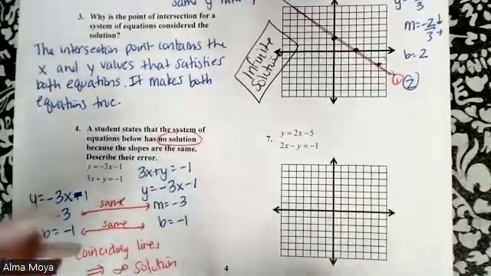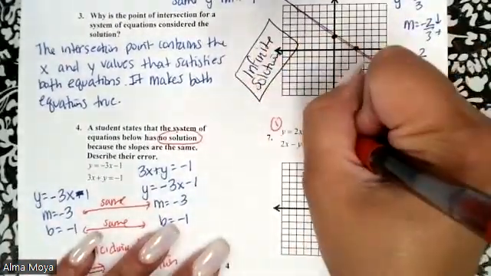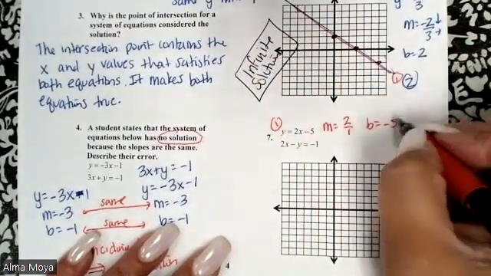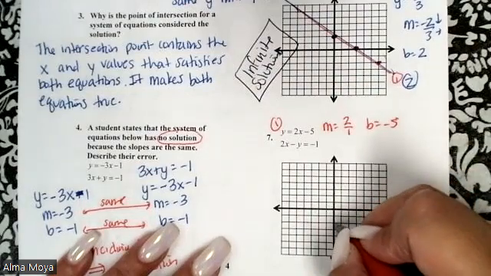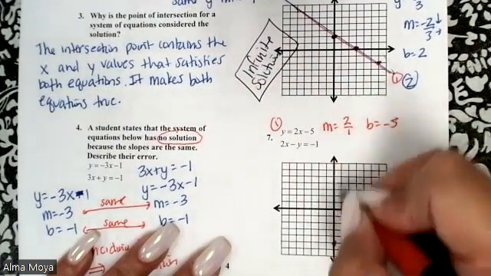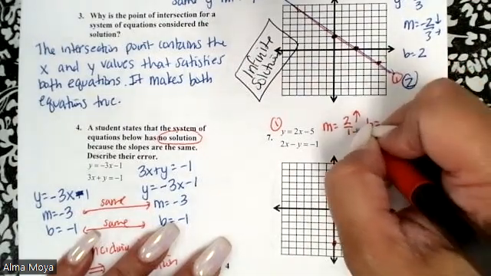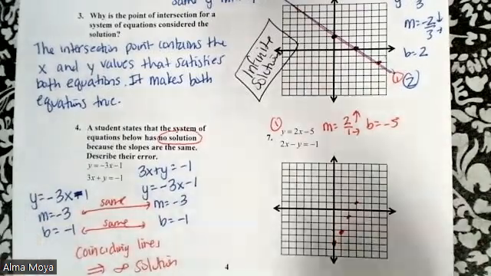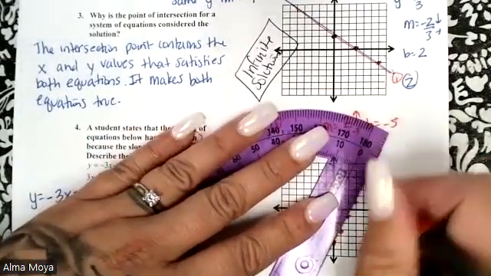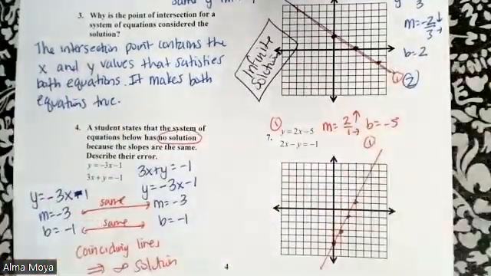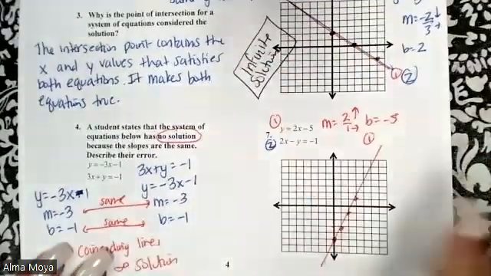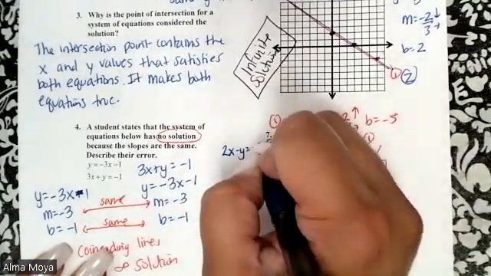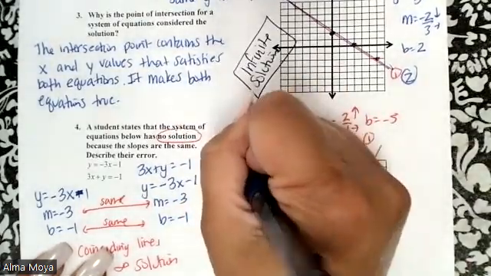And then the last one, here my m is a +2/1, my b is a -5. I'm going to graph the -5 first. 1, 2, 3, 4, 5 on the y-axis. Up 2/1. On the second one, if I have 2x minus y equals -1, I'm going to subtract 2x from both sides.